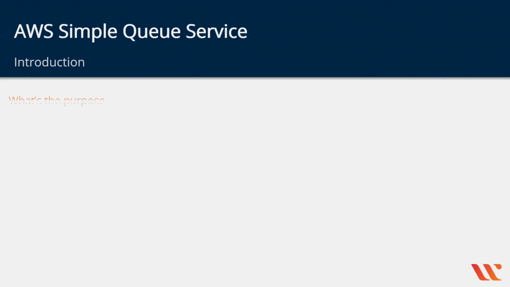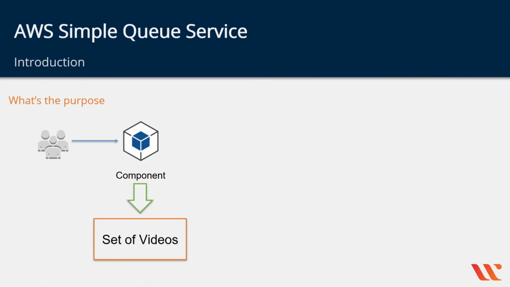Just to give a practical example of the purpose of using the Simple Queue Service, let's take a use case scenario. Let's say you have an application with one component which is being used by users. The primary purpose of this component is to upload videos from users. Just think of the YouTube application, which allows users to upload videos that can be accessed by the public.